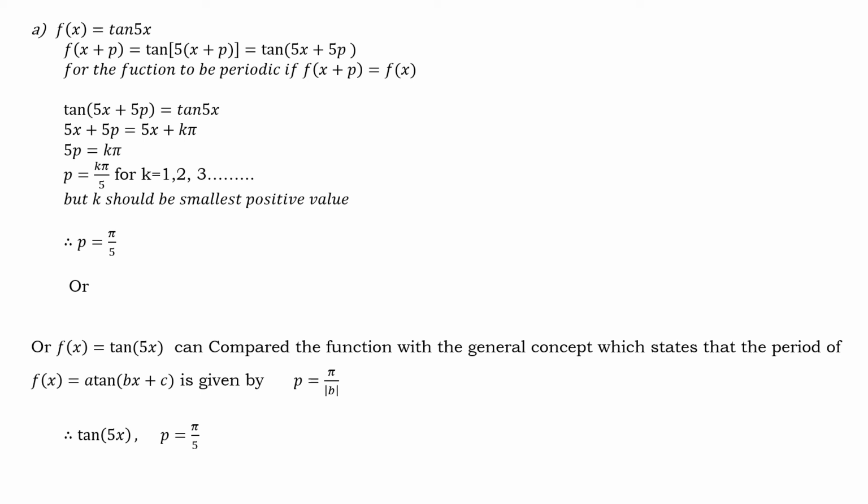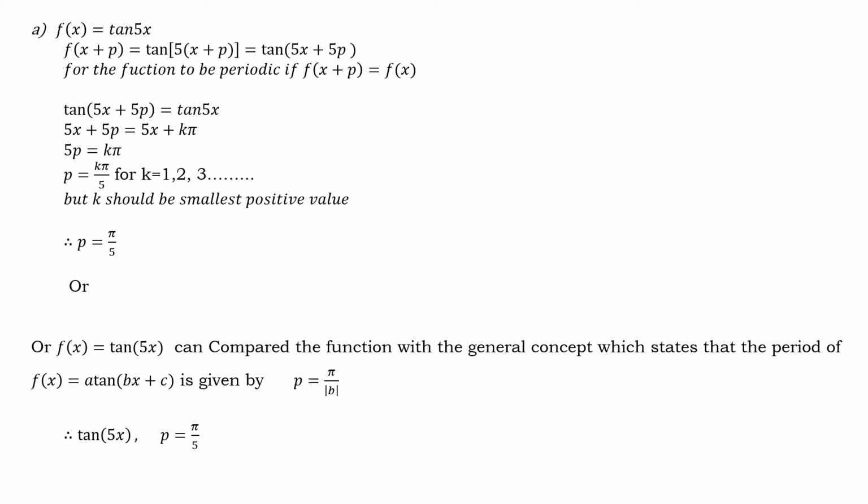So for the function to be a periodic function, it should satisfy this condition, f of x plus p is equal to f of x. When you equate them here, now we are going to add k pi. Why? Because we remember that the period of tan and cot is k pi.